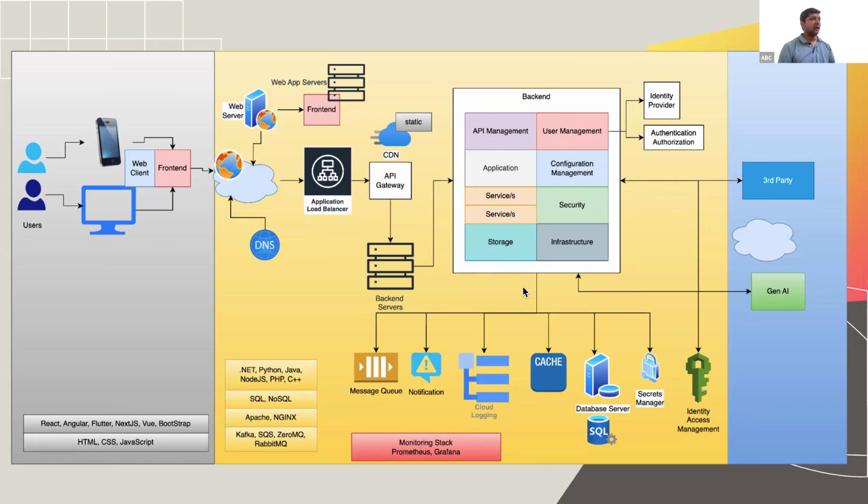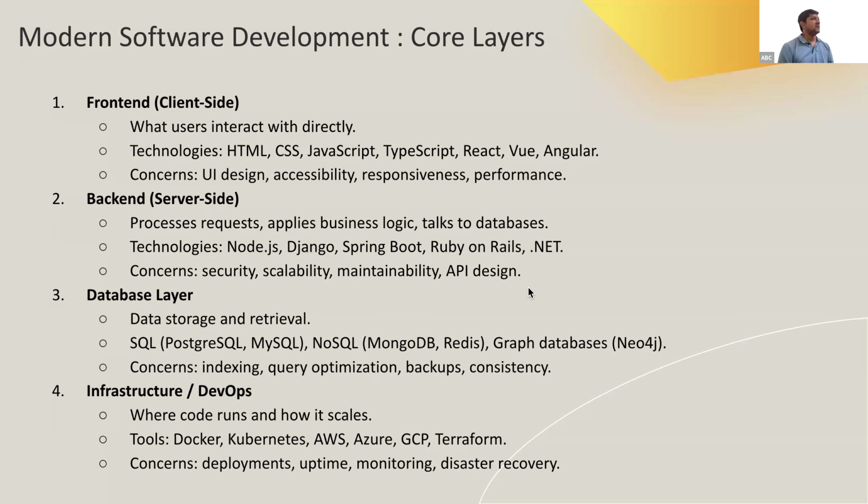Okay. Right. So the way I said, the modern software development core layers are the front end, which is the UI design. Accessibility is a very important aspect of it. Accessibility means if the application is used by a physically disabled person, then they also should be able to use it. So there could be audio for folks who are blind.